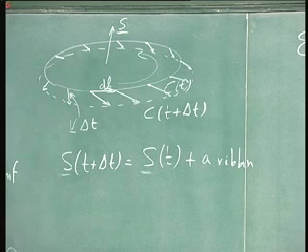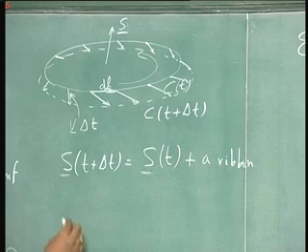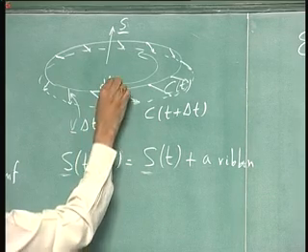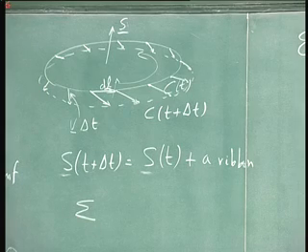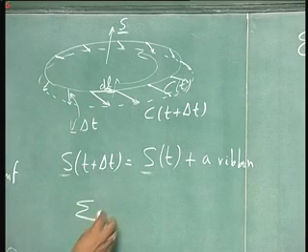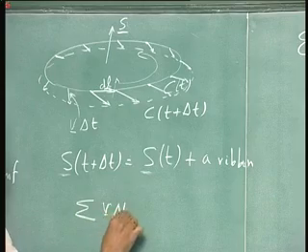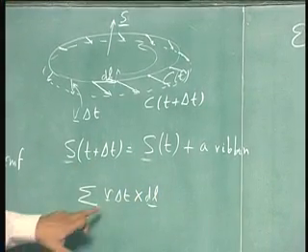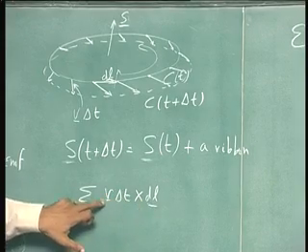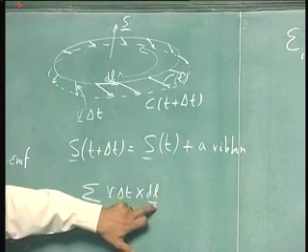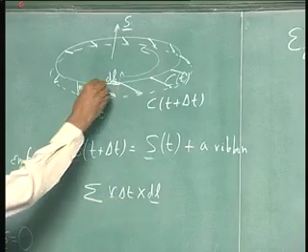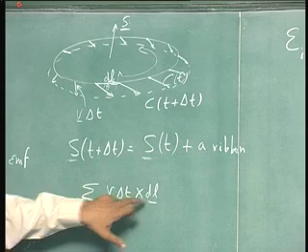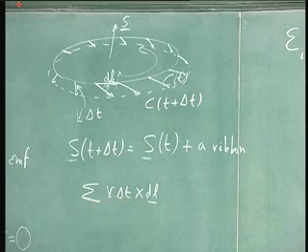Now how can I describe this ribbon? This ribbon is nothing but a summation of a lot of pieces, all of whose normal must point upwards. Again, using my right hand rule, I know that it must be v delta t cross dl. Area is a cross product because it is magnitude of v delta t times magnitude of dl times sin theta, where theta is this angle. So v delta t cross dl is an area element.